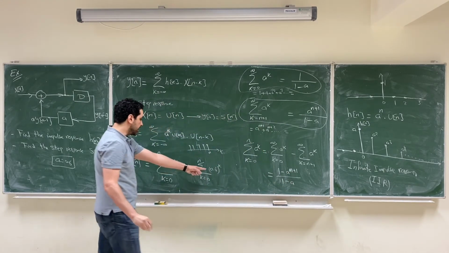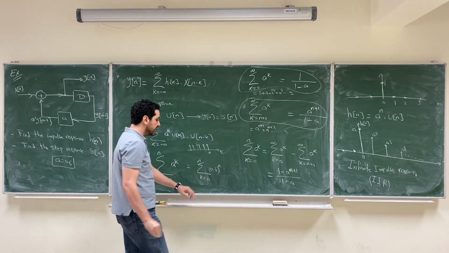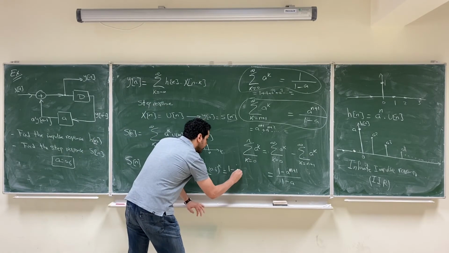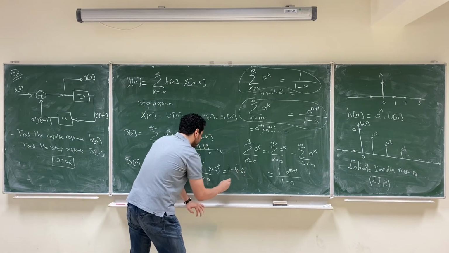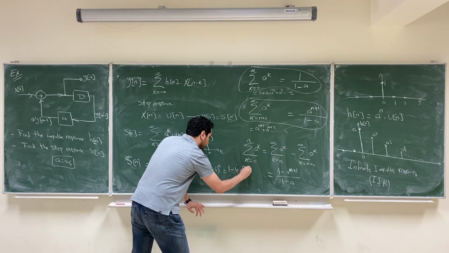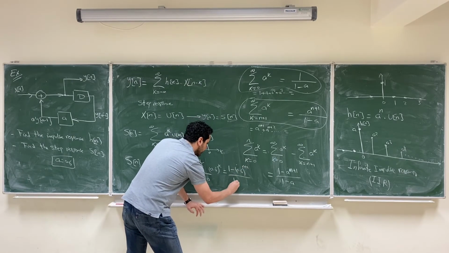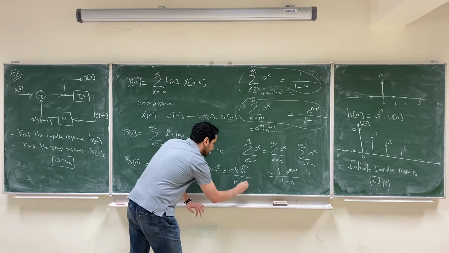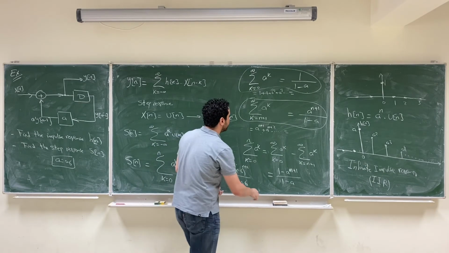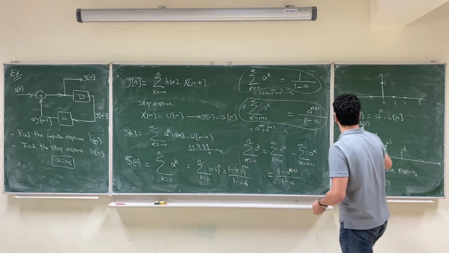So this summation now can be written as 1 minus 0.6 to the power n plus 1, divided by 1 minus 0.6, which can also be simplified.